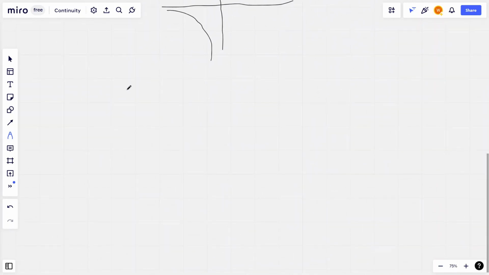Okay, so now I'll give a quick example of how we can show if something's continuous, or rather I'll explain rigorously what it means for a function to be continuous. We saw before that we need the limit as x goes to x naught of f of x to be equal to f of x naught.